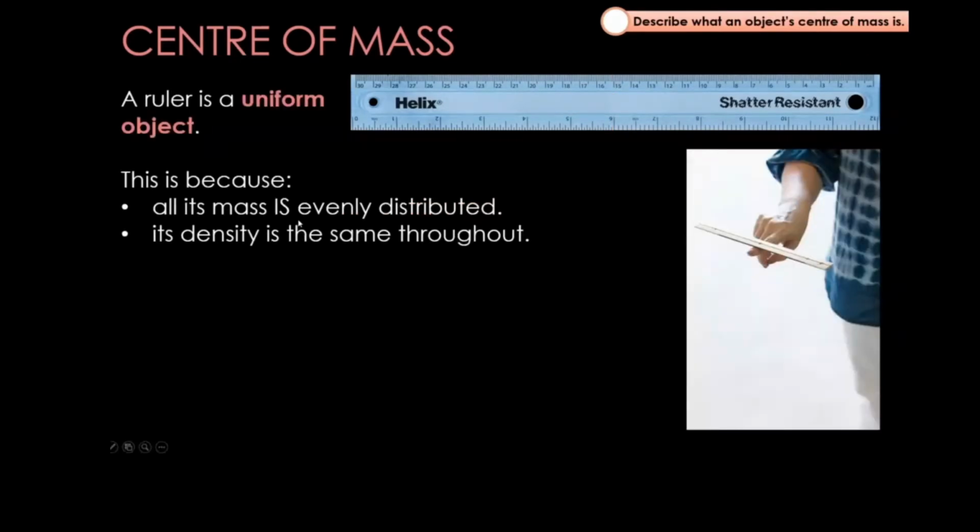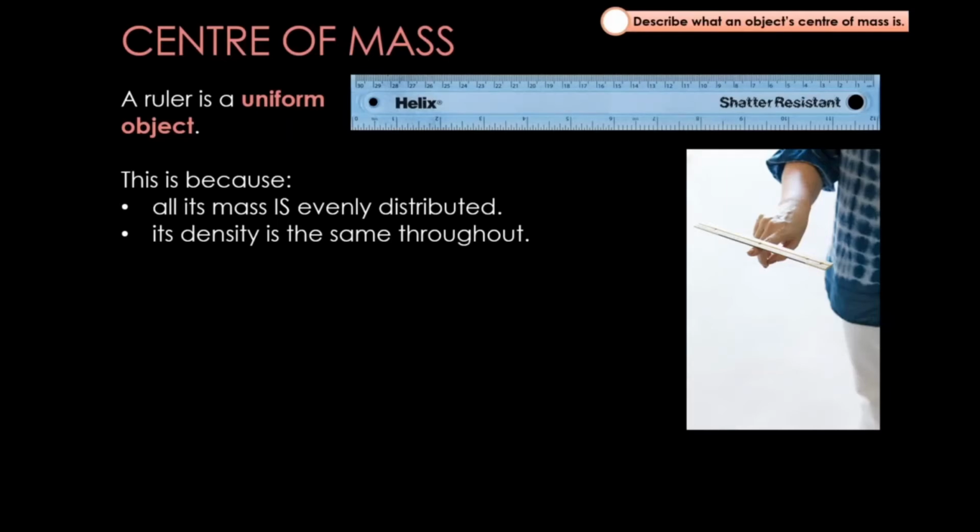So a ruler is something we would describe as a uniform object. That word uniform, the uni bit means one, and the form bit means thing, basically. So it's an object made of one thing. And that's because it has its mass completely evenly distributed throughout the ruler. It's the same thickness and so on, and it's the same density throughout.